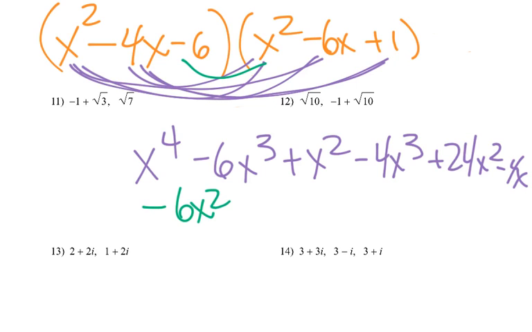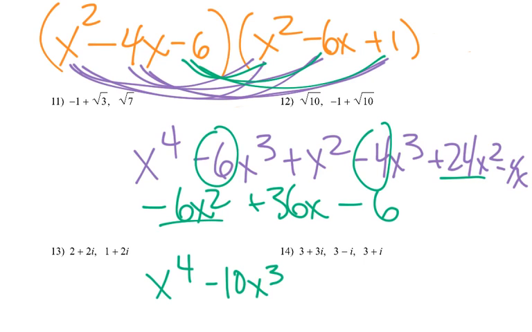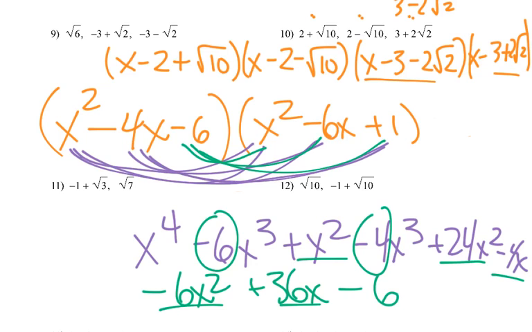Minus 6x squared plus 36x minus 6. See, this is why the area model can be a lot easier to handle. So then I get x to the 4th minus 10x cubed. 24 minus 6 would be 18, and 1 would be 19x squared. Then positive 36 minus 4 is 32x, minus 6. And there's our answer for number 10.